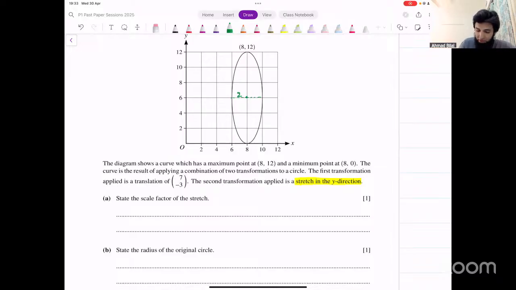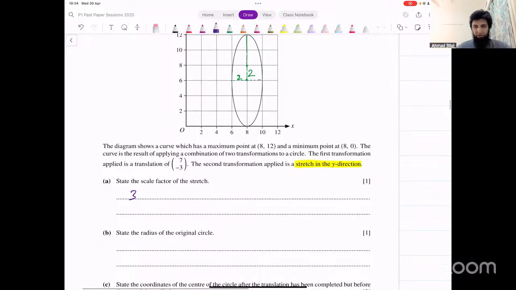The original circle would have looked something like this, with a radius of 2. So vertically, what was supposed to be 2 earlier is now 6 units, from 6 to 12. It was supposed to be 2 initially, so it's getting multiplied by 3. So what's the scale factor of that stretch? That would be 3.